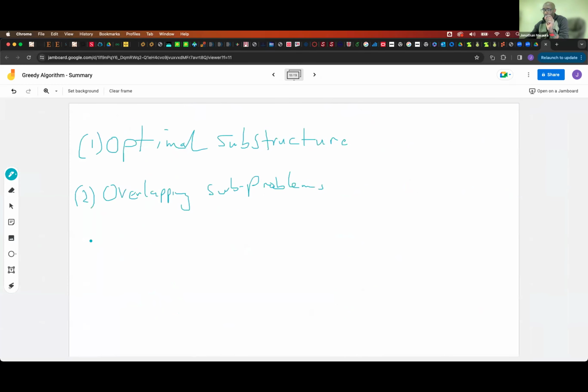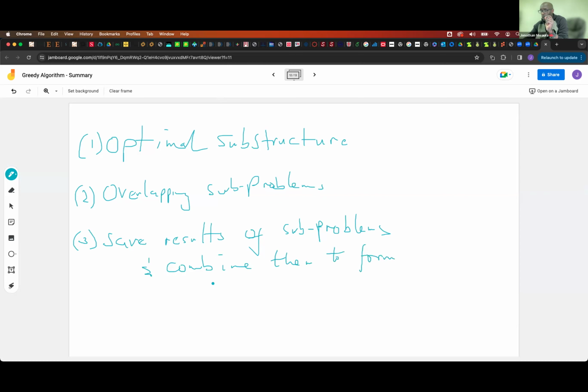We save the results of the sub-problems, and then combine them later to form the optimal solution. That's what is happening here.